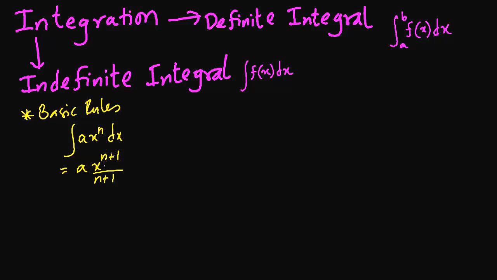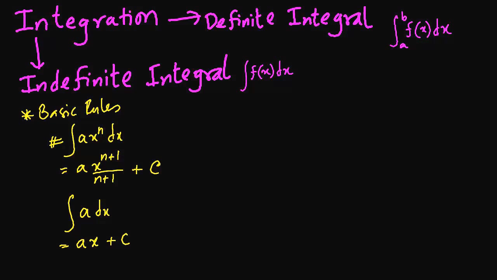But since it is an indefinite integral, meaning integration without the limits, the two numbers here, we have to write a plus constant sign. Plus c, sometimes written as plus k. When you integrate something like only a dx, you get ax, and we have the plus c constant for indefinite integral. So this is what happens in indefinite integrals.